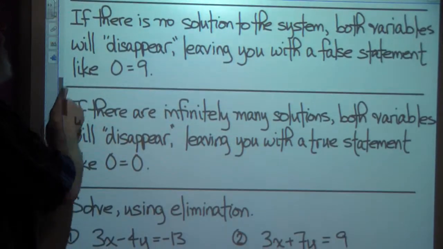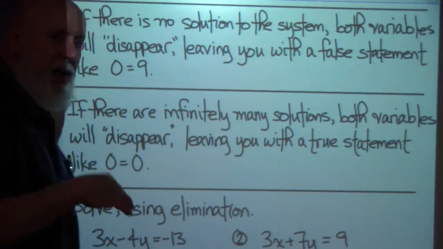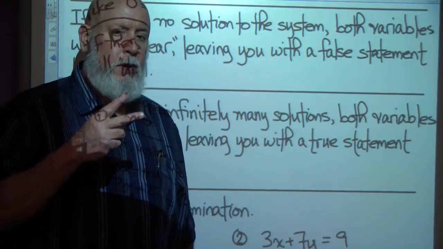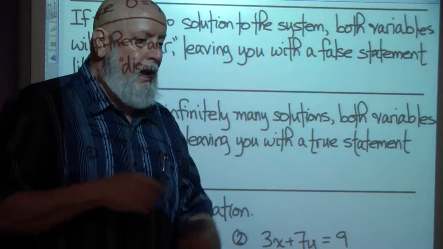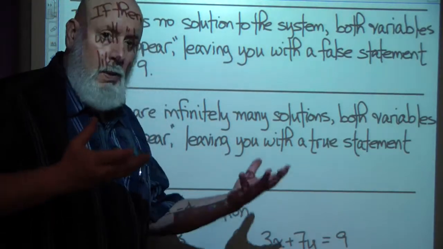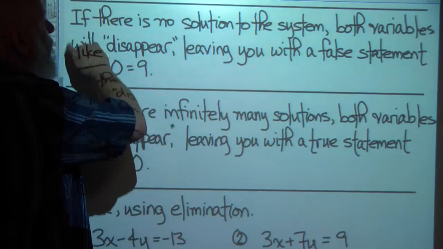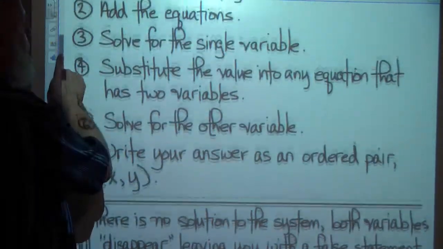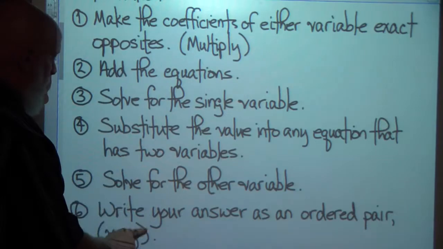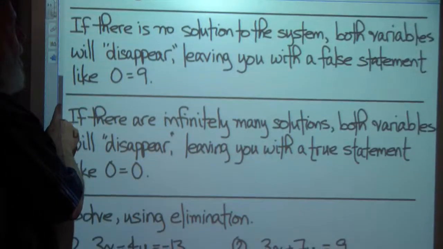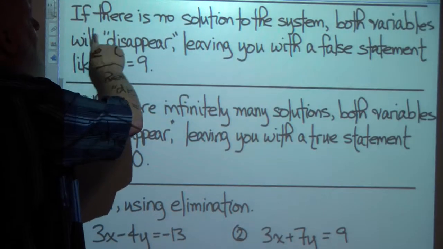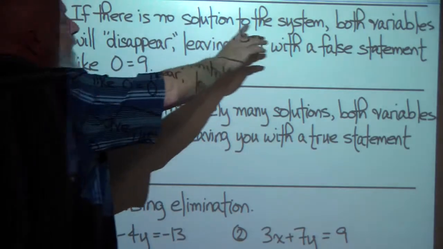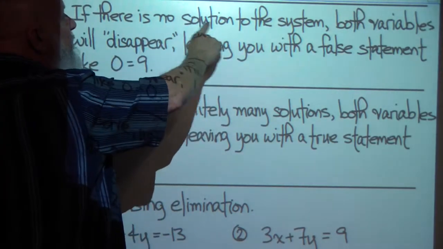But here are two things that we're going to run into today that we didn't run into over the last 2 days. I said we would get to this in 2 days, and with the next lecture, well, here we are. If you're doing these steps up above, and you notice that all of the variables disappear, that means there's no solution.